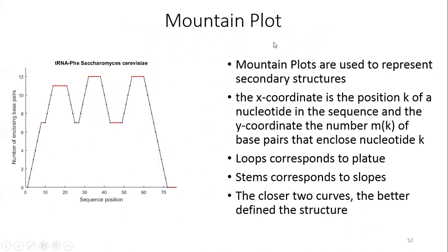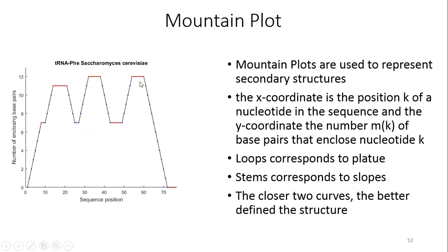Okay, then you also have the mountain plot. In the mountain plot, on the x coordinate is the position of the nucleotide, that is, the distance of the nucleotide, and its corresponding y coordinate would represent its base pairing as such.